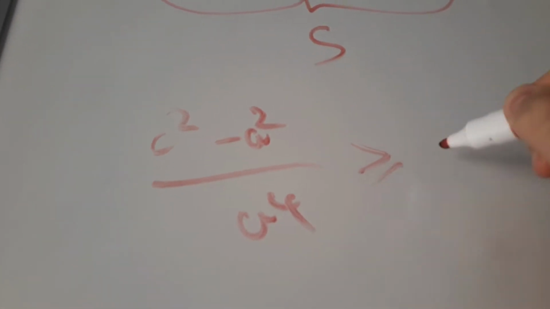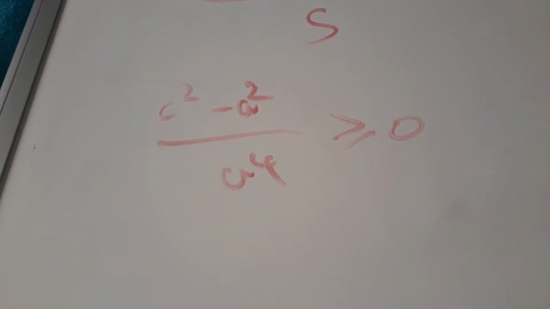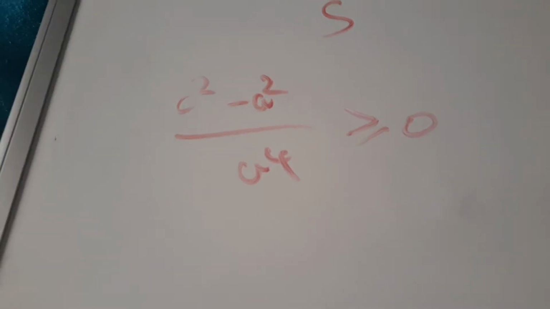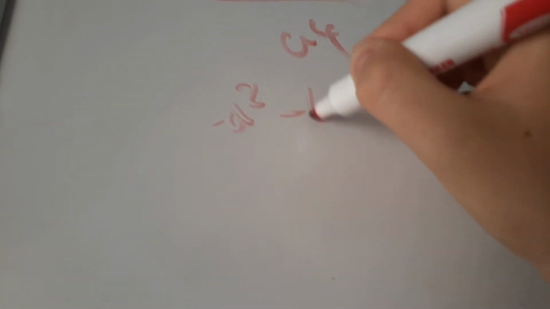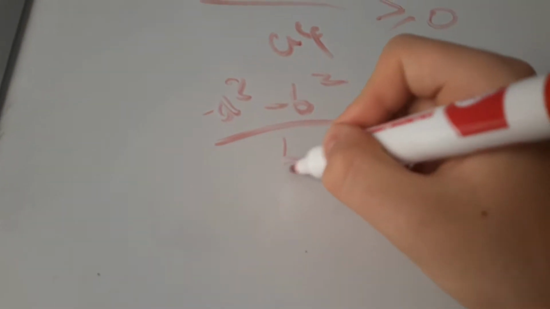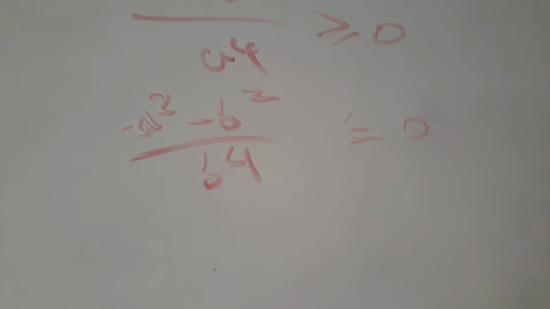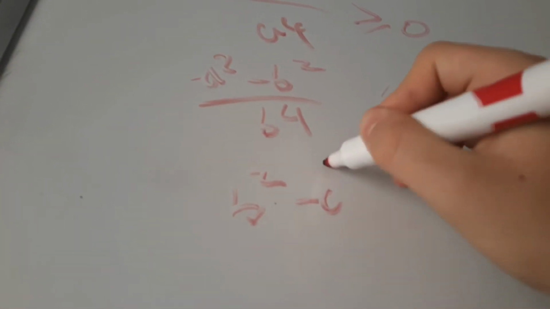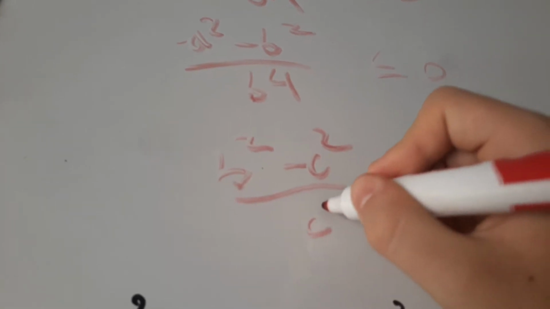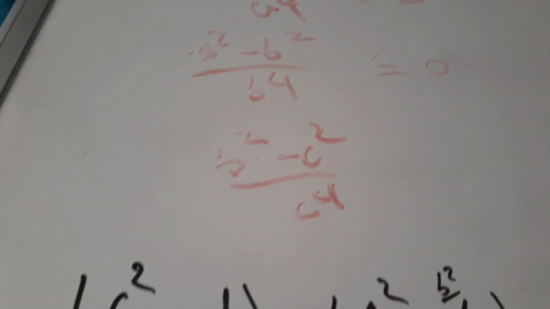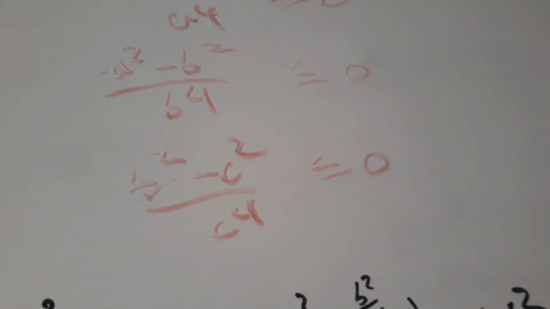This one is greater than or equal to 0, but not greater than 1. Now a squared minus b squared all over b to the 4, obvious, is less than or equal to 0, and then b squared minus c squared all over c to the 4, obvious, is less than or equal to 0.